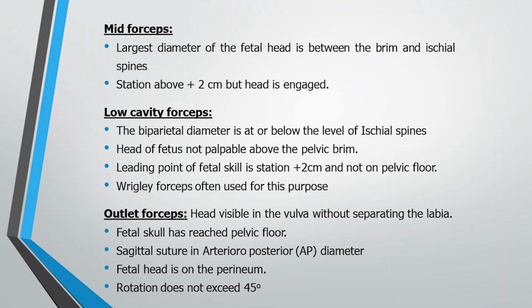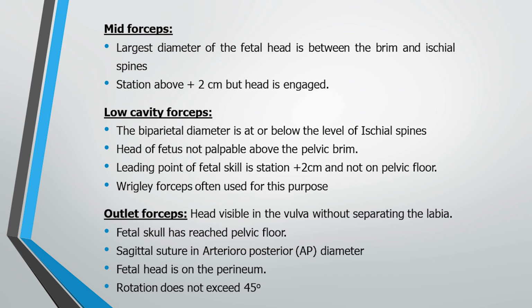In mid forceps, the largest diameter of the fetal head is between the brim and the ischial spines. Usually the station is about +2, but the head has engaged, though it has not reached the pelvic floor. That's mid forceps, and the standard forceps are used for that purpose.